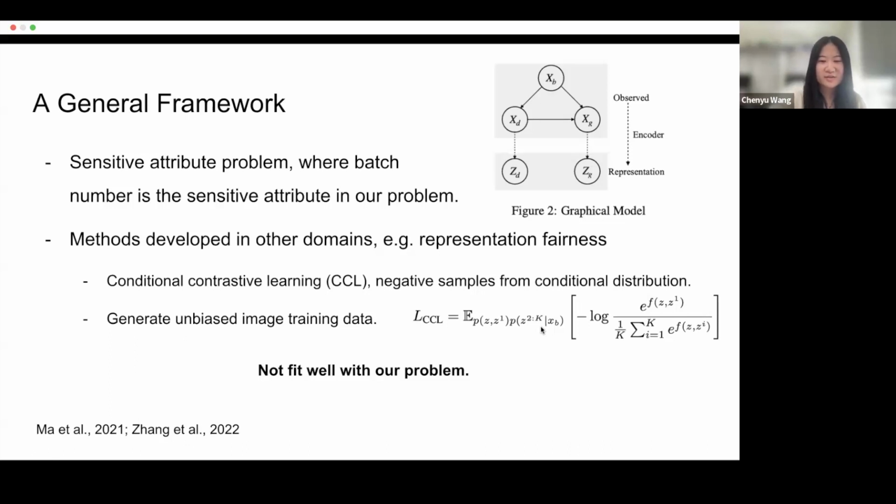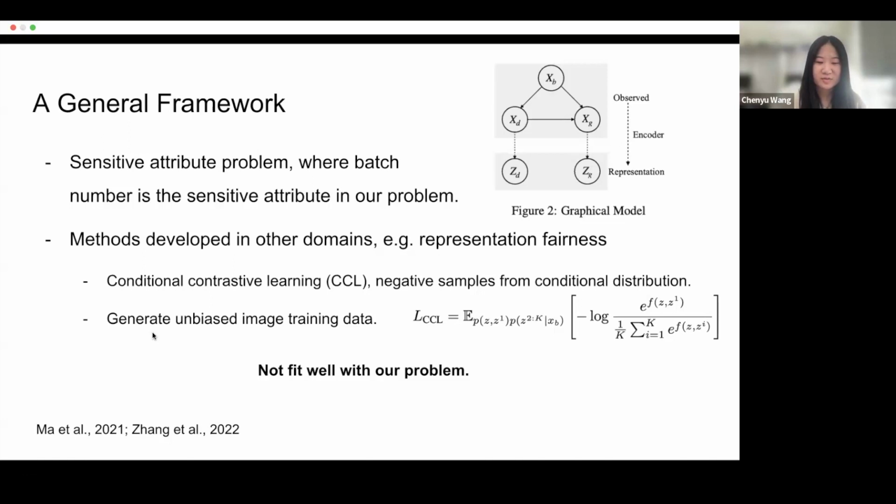There is also some previous work that uses generative models to generate unbiased image training data in the computer vision domain for fairness. However, in this problem, we would have to generate the counterfactual samples of the drug on another batch for the gene expression or the image.